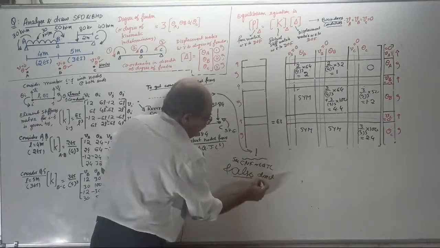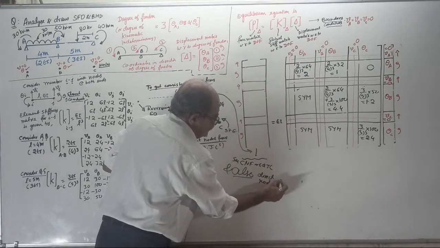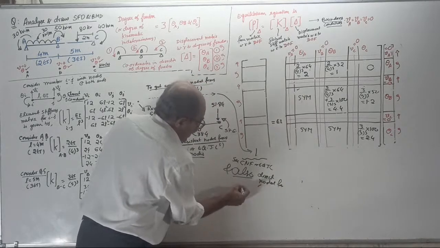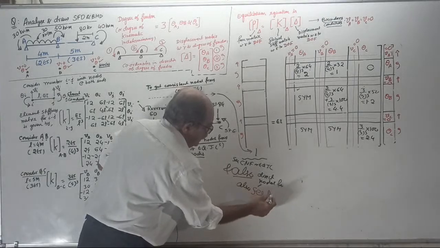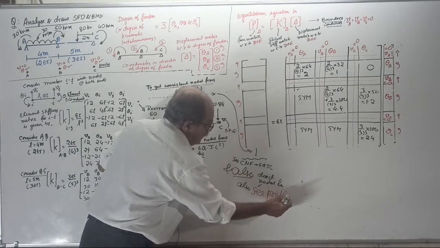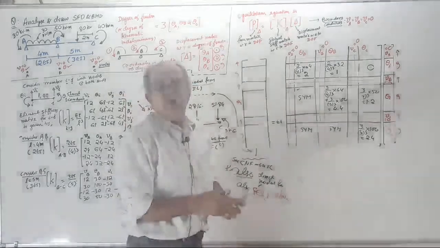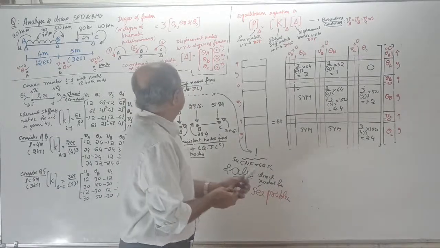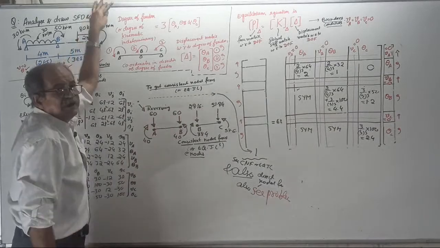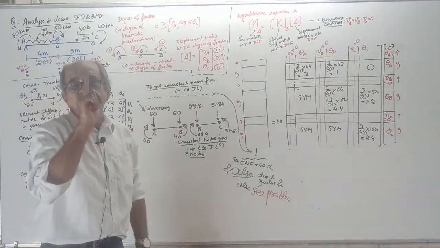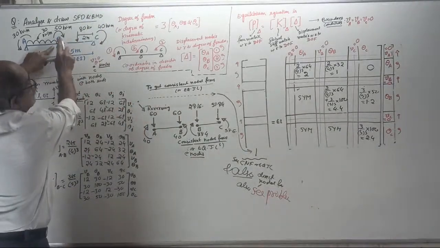Also see the problem. Be careful. When you write for equilibrium, you have to consider not only equivalent joint load or consistent nodal force, you have to also see the problem.